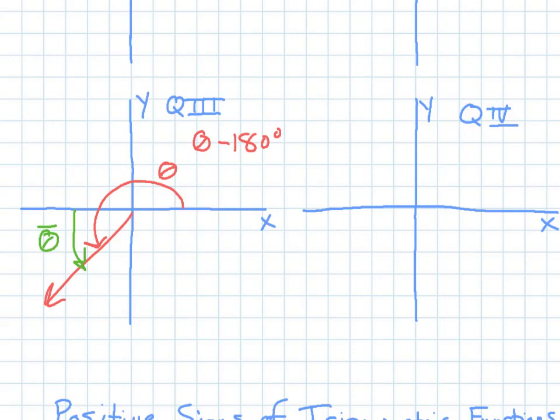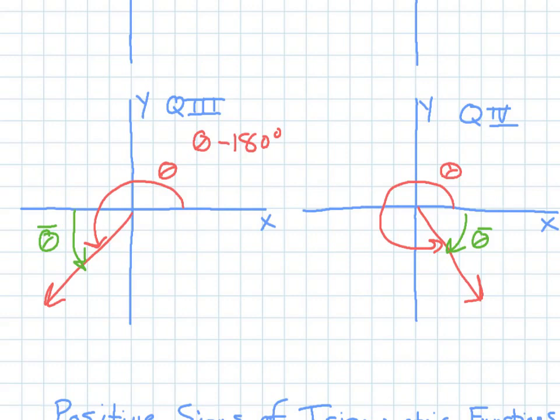Okay, and then the fourth quadrant, you go all the way around, so it could be like 300 or something like that. Coming in the other direction would be our theta bar. If it was 300, then our reference angle would actually be 60.